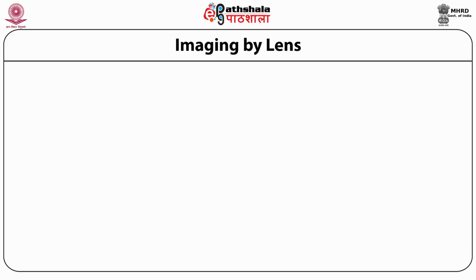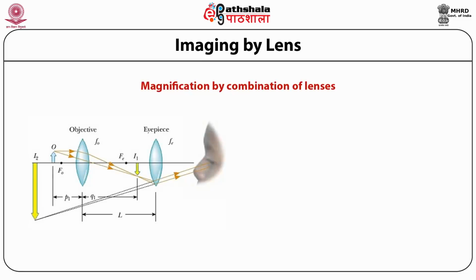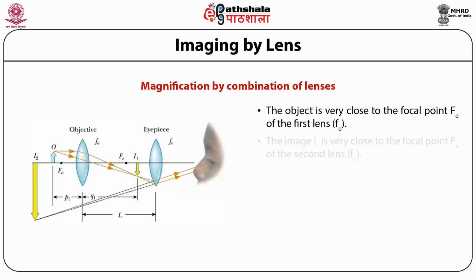As shown in this example, you have two biconvex lenses. The first one, which is placed close to the object, is called the objective lens, having a focal length f0, and another one close to your eye having a focal length fe, and the object is of a certain height.